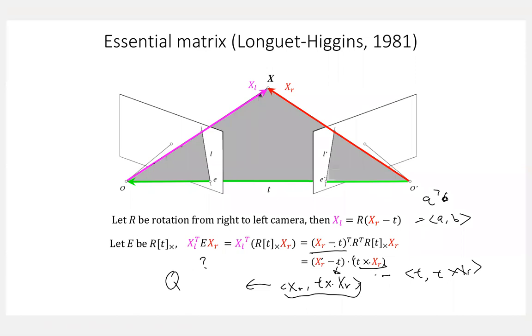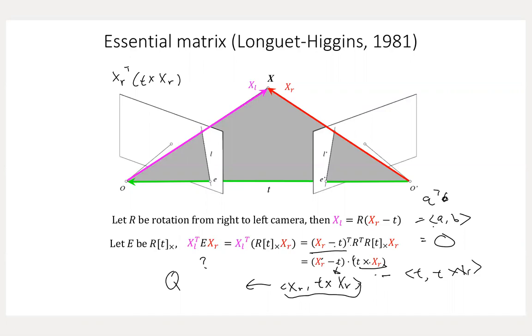What is the inner product of X_R and T cross X_R, or I may write X_R transpose T cross X_R here? Remember, the inner product should always give you a scalar value. So what is the scalar value here?